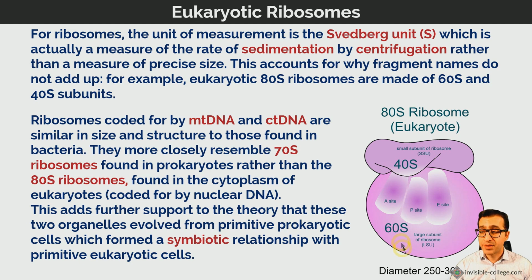And this is the same size of ribosome that you find in the chloroplasts and in the mitochondria of eukaryotic cells. Again, this adds support to the idea that chloroplasts and mitochondria were once free-living prokaryotic organisms that got engulfed and taken into the bodies of the cells of early eukaryotes and struck up that symbiotic relationship.